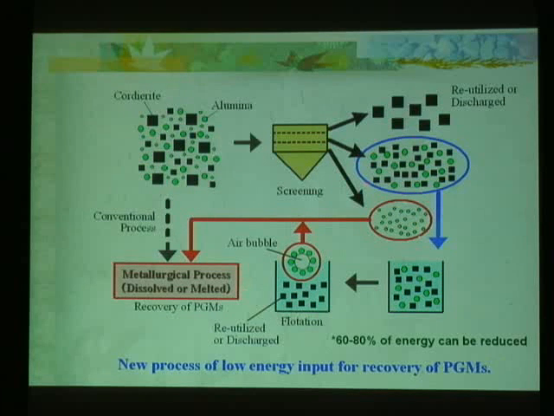But in the middle size, a cordierite and alumina mixture, we can apply some solid state separation technology such as flotation to concentrate the alumina, then go to the metallurgical process. In these processes, we can reduce the energy required. 60 to 80% of the energy can be reduced. This is the concept: a combination of soft and hard separation processes.